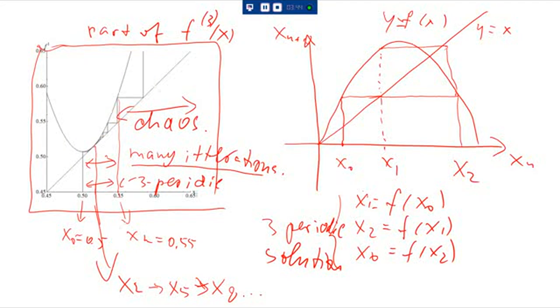So our task now is to estimate how many iterations it takes to pass this narrow corridor and to change the value of x from 0.5 to 0.55.